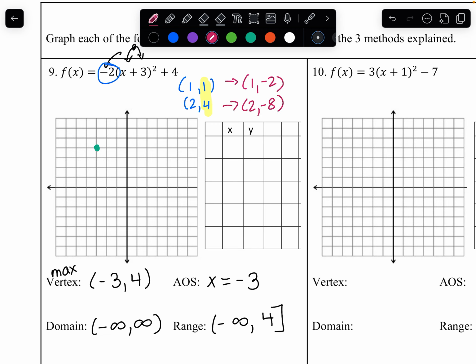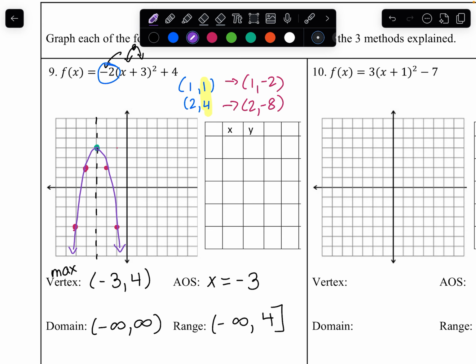So I'm going to go over 1, down 2, and now we're going to draw in the axis of symmetry to help us with our visual. And I'm going to reflect it over. Now going back to my vertex, I'm going to go over 2, down 8, and reflect it over to get my graph. And it's as easy as that.